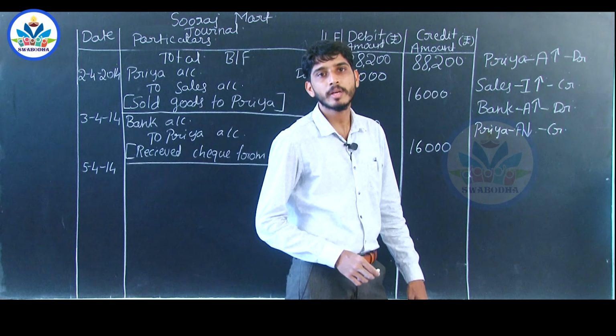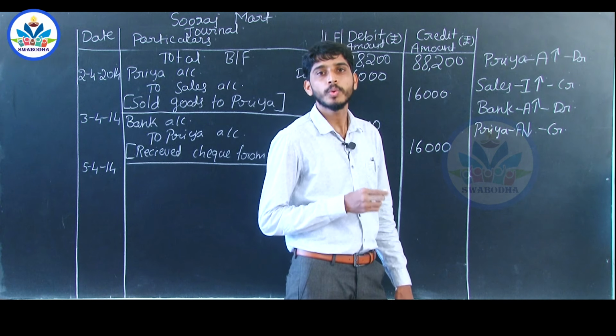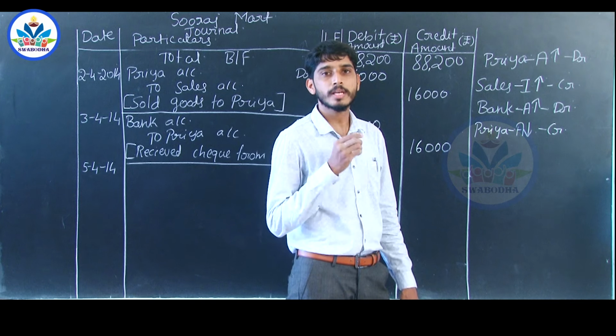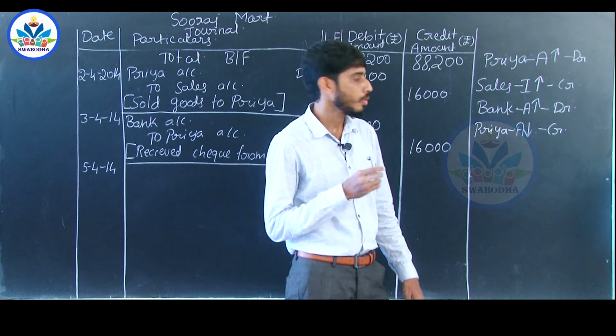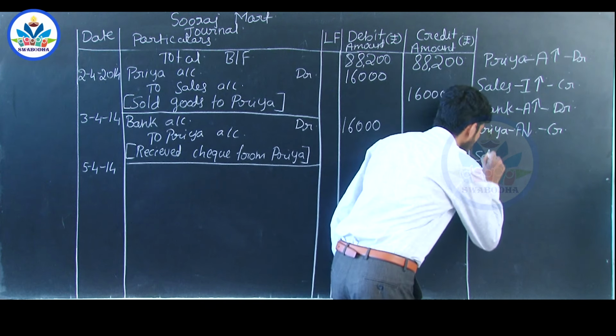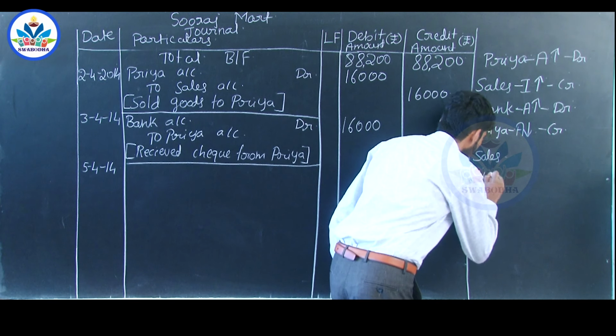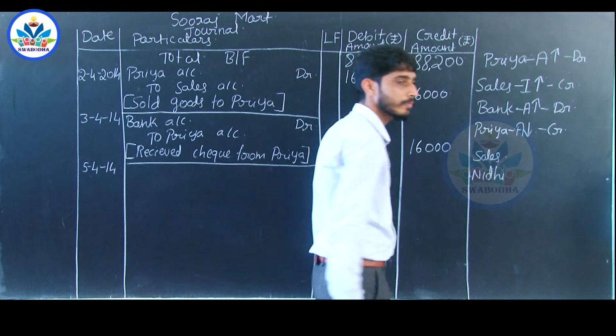First identify which are the two accounts involved in the transaction. One is sales and one more is Nidhi's account.